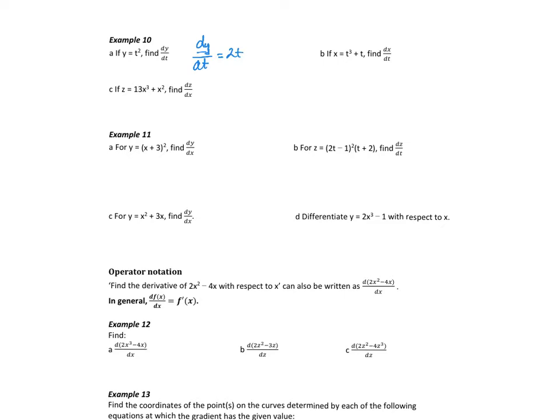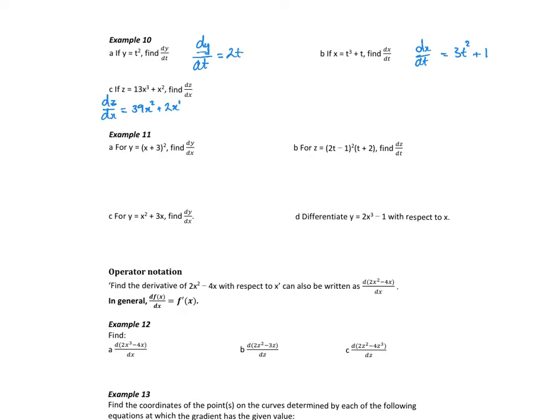For b, again, we've got x and t, so the derivative is dx dt, which is equal to 3t squared plus 1. All right. Z and x are the variables, so it's dz dx. And it's 3 multiplied by the power, 3 13s are 39x, take 1 from the power, which is 2, plus 2 at the front, 2 times 1, which is 2x, take 1 from the power, which is 1. All right, so the derivative in this case is called dz dx because they're the variables I've got.